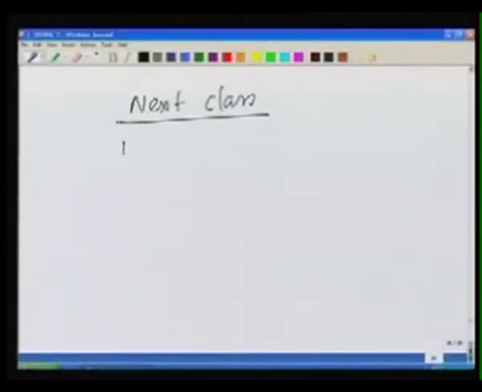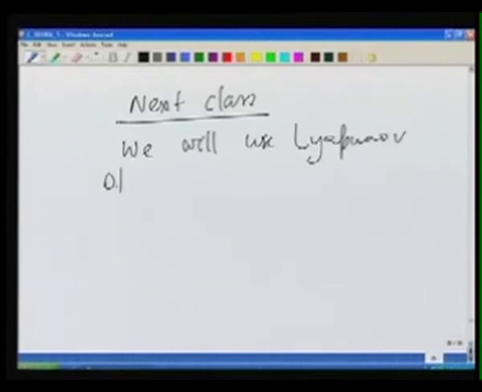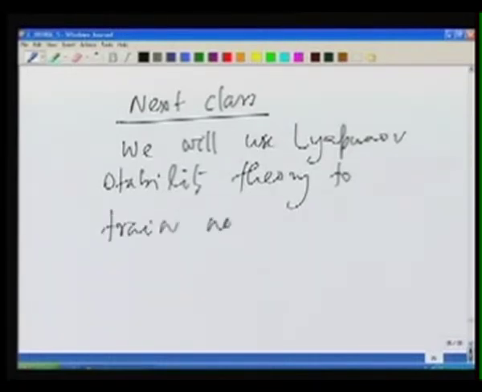In the next class we will discuss how we can use Lyapunov stability theory to train neural networks. Okay. So why are we learning this?